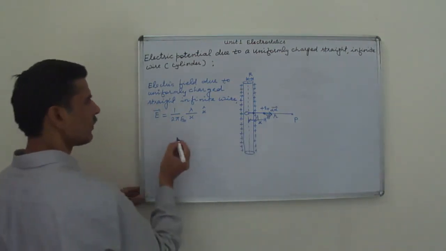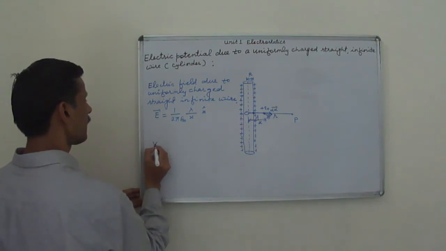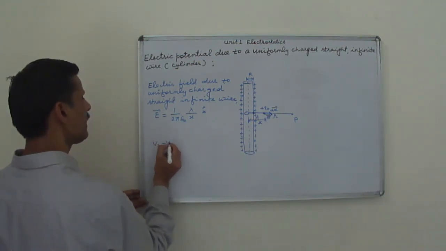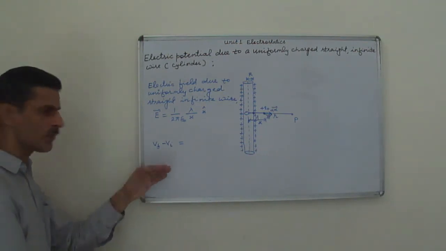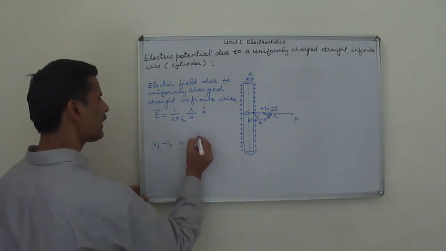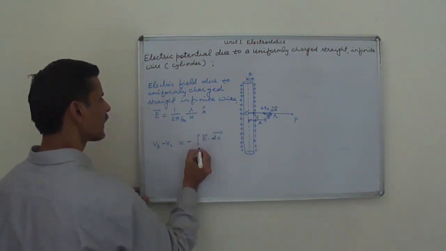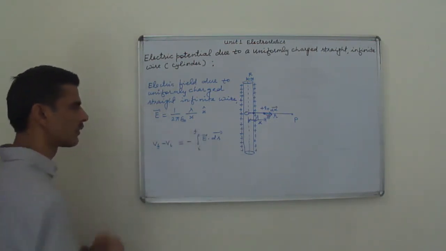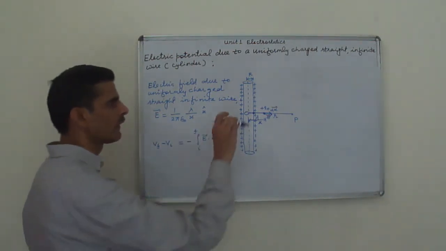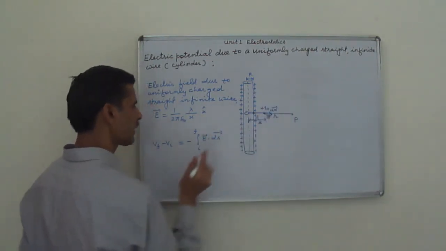And you know, we have defined potential difference Vf minus Vi, it is equal to minus integration E dot ds in the limit i to f. Here our ds vector is equal to dx vector.